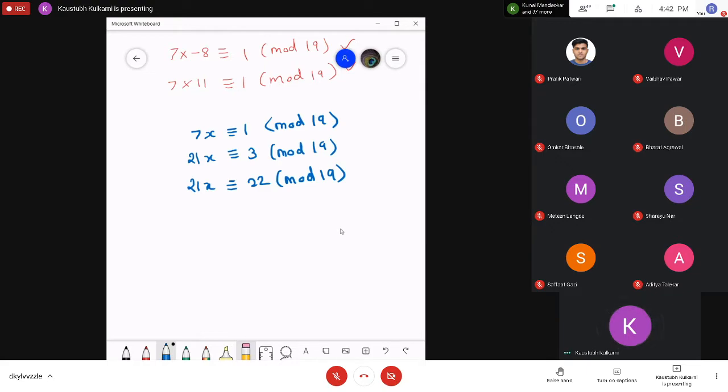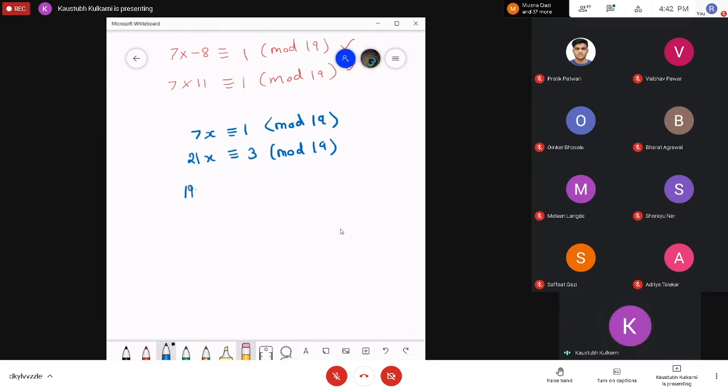One simplification I left out. 21x has a factor of 19 in it already.